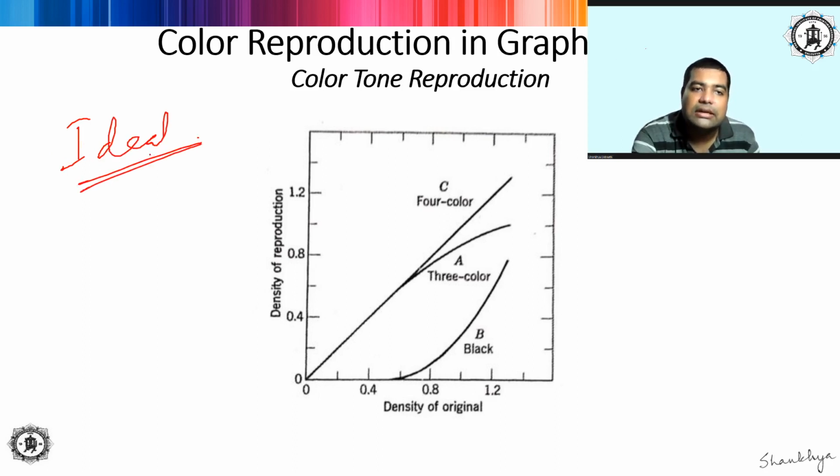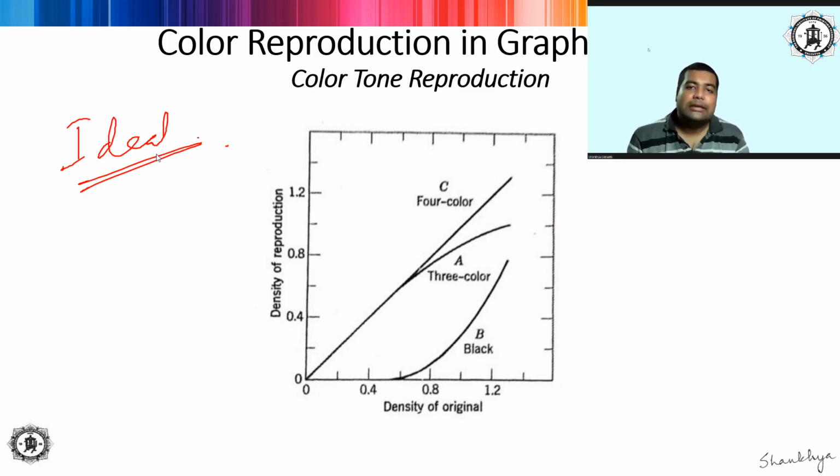I'll show you a real life plot later, but I just want you to understand something from this. What is our intention? Our intention is to find out whether the reproduction that has taken place is good enough or not. That is our objective, right? So the thing is, how can this be achieved? How can we do this?